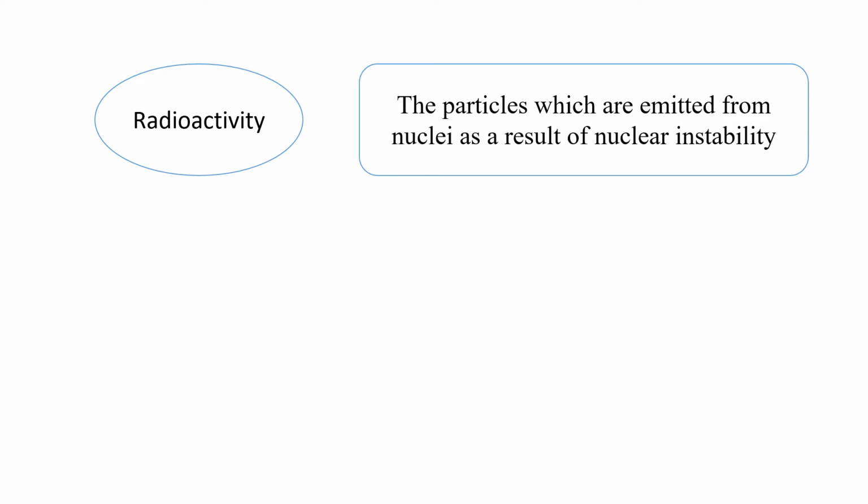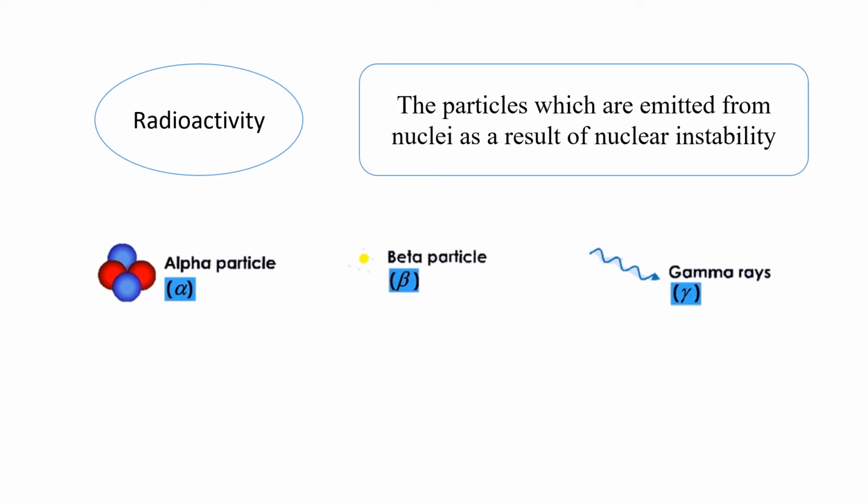It should not be surprising that there are many nuclear isotopes which are unstable and emit some kind of radiation. Hence, the most common types of radiation are called alpha particle, beta particle, and gamma rays.